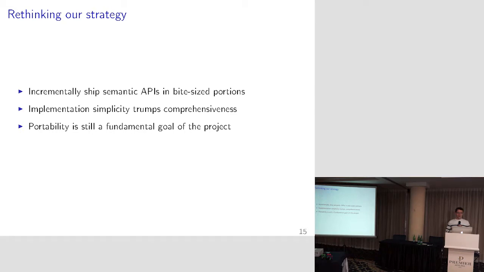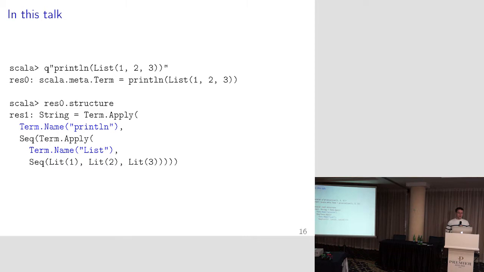I believe that compiler internals are a no-go. That's my personal vision, and I will give it up only over my dead body. So let's see what we do in that vein, how we implement this. In this talk, we'll try to see how we give meaning to these highlighted parts. How do we figure out that println comes from Predef and List?